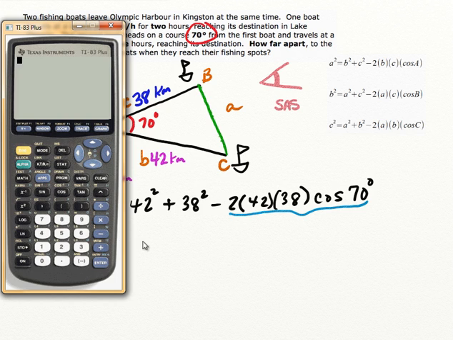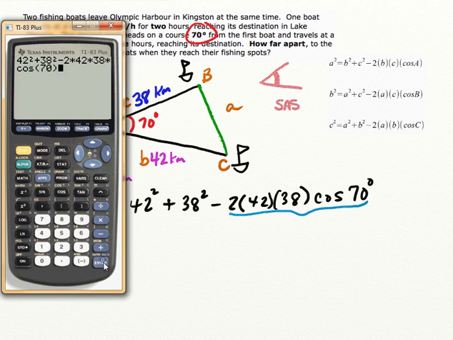Okay, so opening up a calculator, we'll go ahead and put in this equation and we will get an answer. So I'm going to say 42 squared plus 38 squared subtract 2 times 42 times 38 times the cosine of 70 degrees.